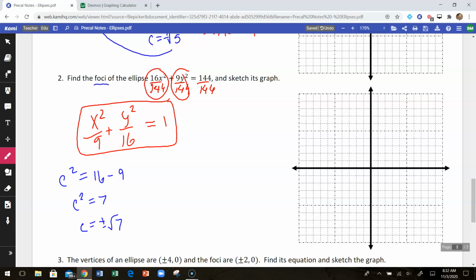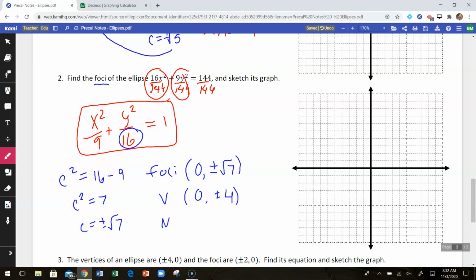Now because the number underneath y is bigger in this case, that means it's going to be stretched more vertically, which means the foci need to occur on the major axis, and those are going to be 0, comma, plus or minus the square root of 7. It's going to be a y-coordinate now. If I wanted to find all that information, the vertices would be 0, comma, how far would I stretch it in the y, because that's the bigger stretch here, which would be 4.